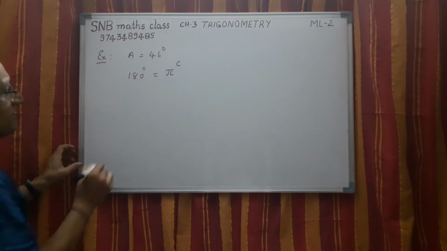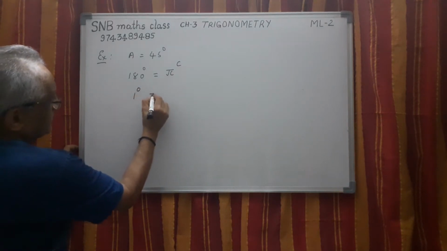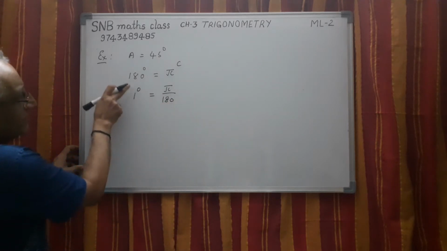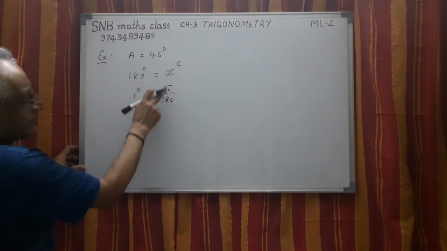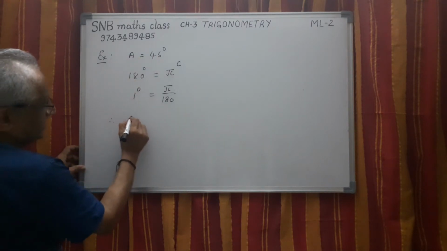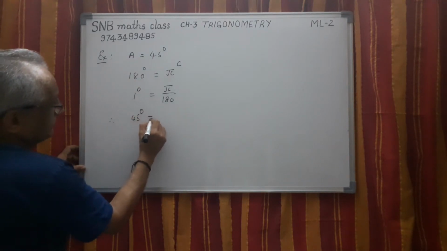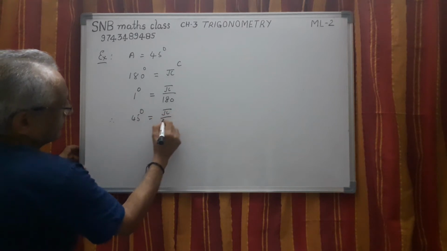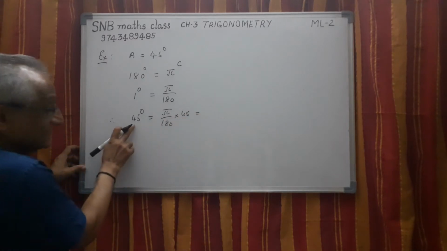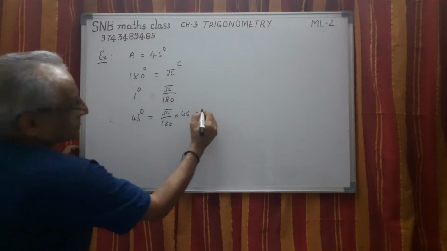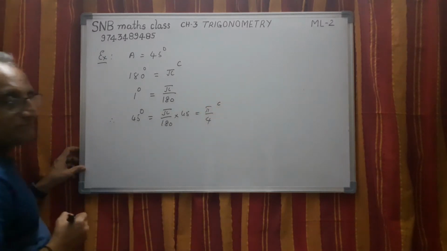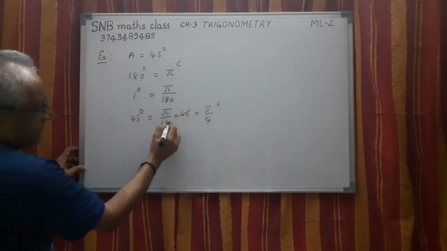Therefore 1 degree equals pi divided by 180. You divide by 180, so 1 degree becomes pi by 180. But now I want 45 degree. Therefore I can say 45 degree will be equal to pi by 180 into 45. Here the unit is degree. So this is pi by 4 radian, because 45 times 4 is 180.